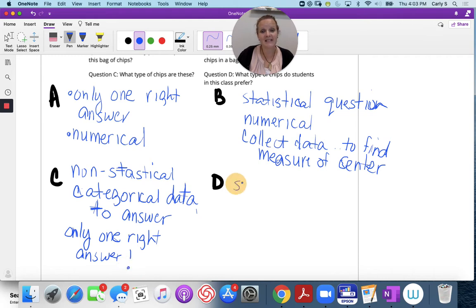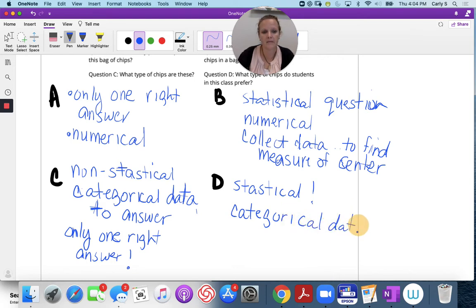This is statistical. It is a statistical question that would require categorical data. So something with categories can be statistical, okay, and this one is. The question could be answered by looking at the answer that's repeated the most often, but it is statistical.